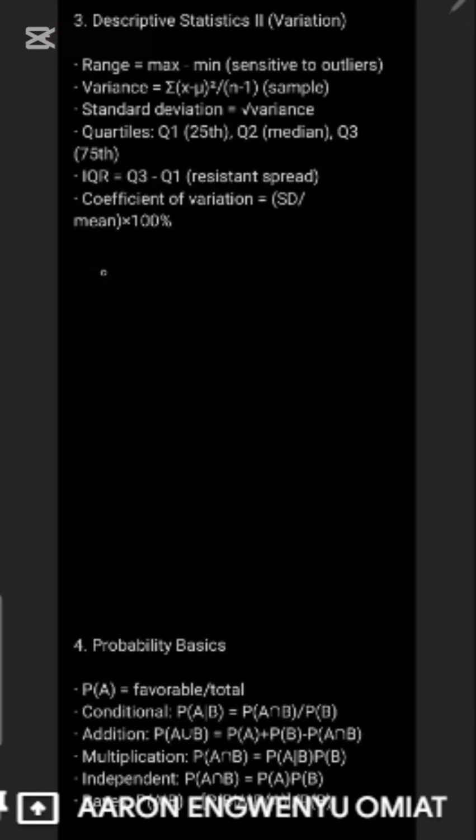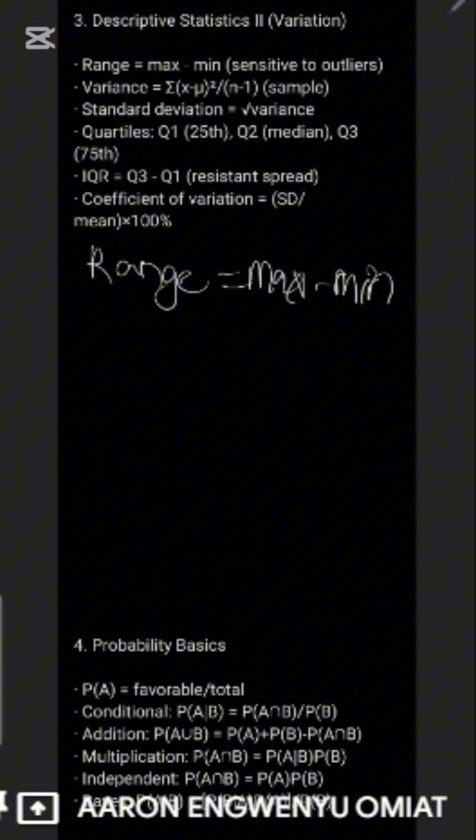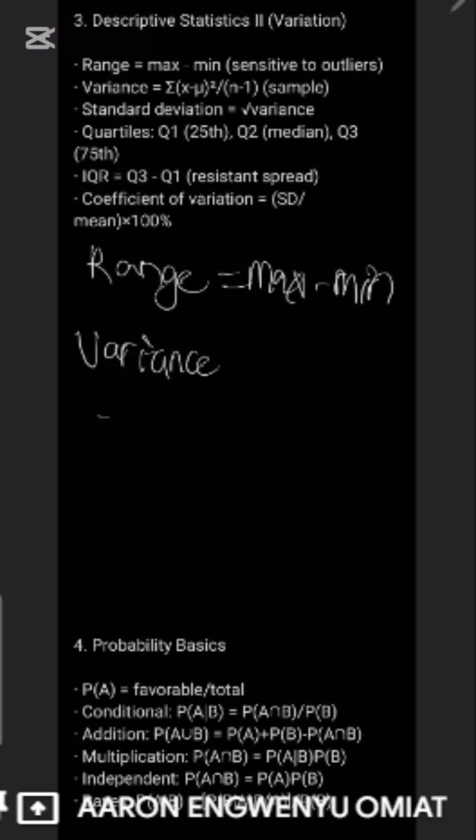The simplest measure of variation is range, which is simply the maximum minus the minimum, and it's the easiest to calculate. However, it's affected by outliers, so you have to take note of that. Then we look at variance, which is calculated as a summation.